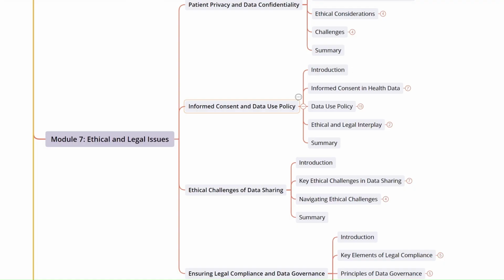Informed consent is not just a legal requirement, but an ethical imperative that ensures patients retain control over their personal health information. Clear, accessible policies help build trust and empower patients to make informed decisions about their health data.